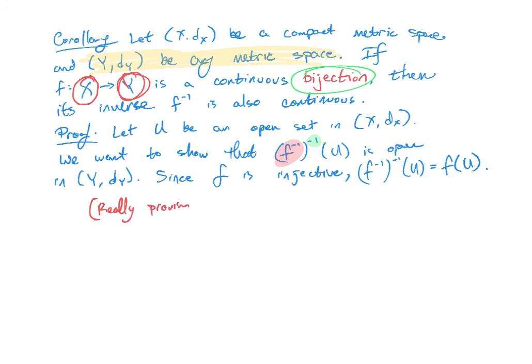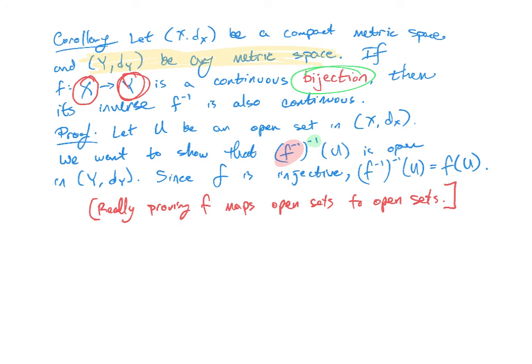So just as a commentary in here, what we're really proving is that under our hypotheses, we're mapping open sets to open sets. Remember, that's not the definition of continuity. Instead, this is what you're tempted to think the definition of continuity might be, but it's sort of the opposite.